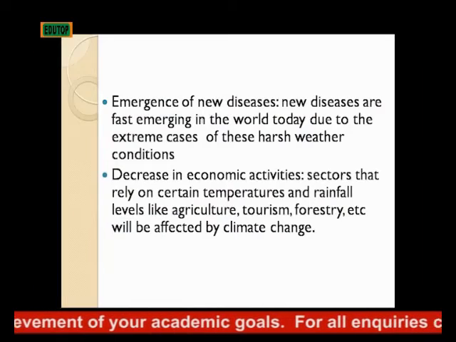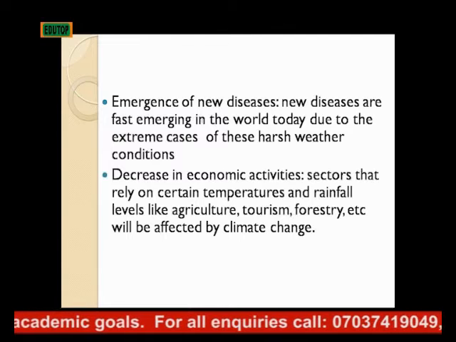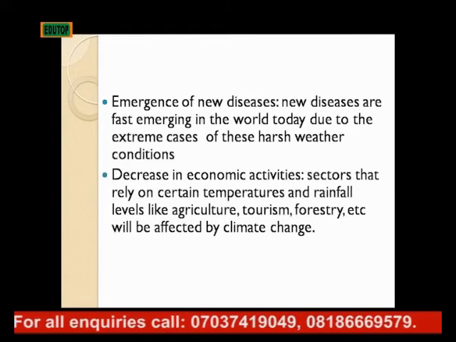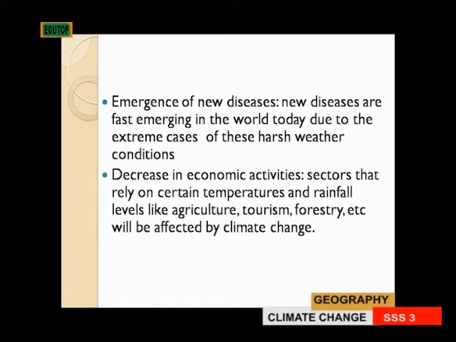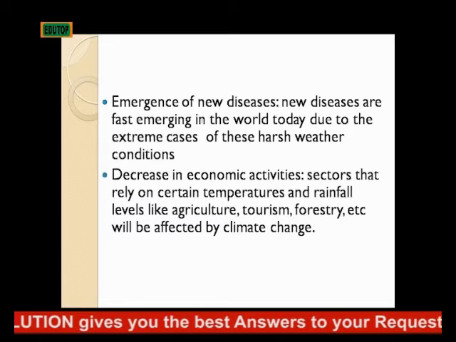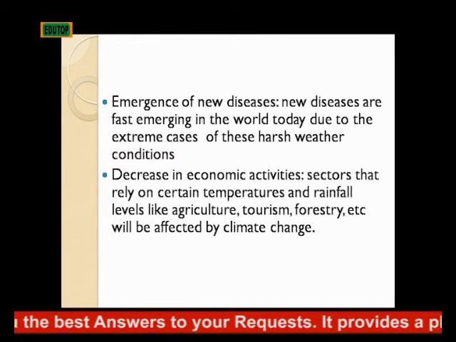There is also a decrease in economic activities. Sectors that rely mostly on certain temperatures and rainfall levels, like agriculture, tourism, forestry, etc. When there is climate change, the economic activities in these areas or regions tend to decrease drastically because they are greatly affected by the changes.